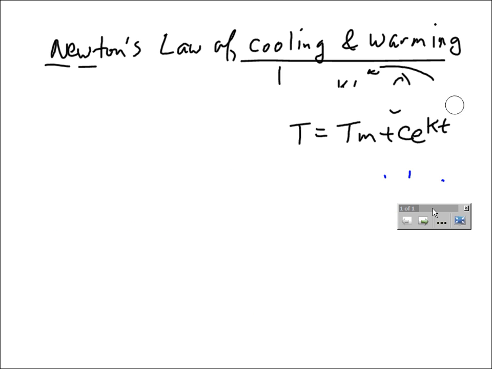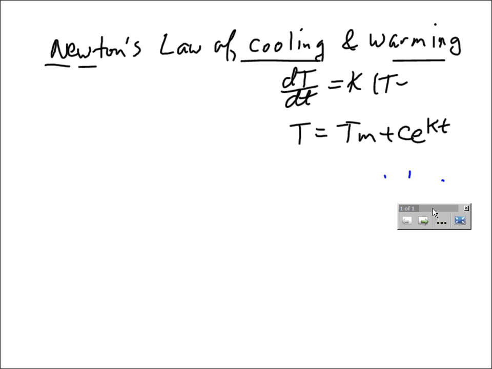And one more thing. The dT over dt is k times T minus Tm. These two equations, 1 and 2, are pretty much the same equation.